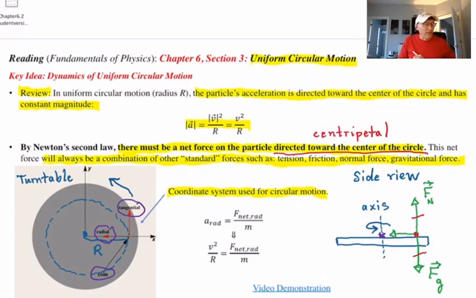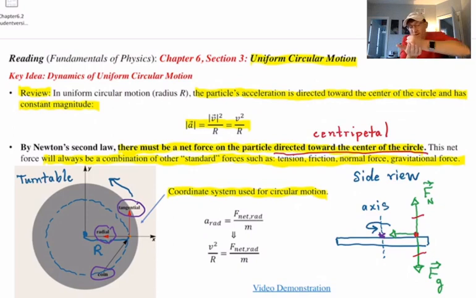Now here's another part of this that's interesting. Remember from an earlier video lecture, there are two kinds of frictional force, so-called static frictional force and kinetic frictional force. Which is the appropriate frictional force, static or kinetic? This one is subtle because it's very tempting to say kinetic frictional force because the coin is moving. But what's important for a frictional force is if there is any relative motion between the object that's resting on the surface and the surface.